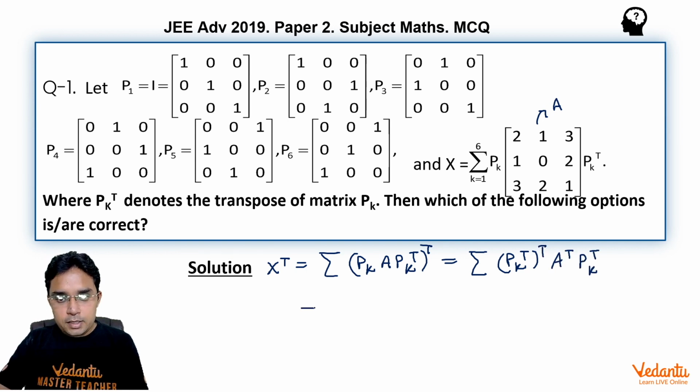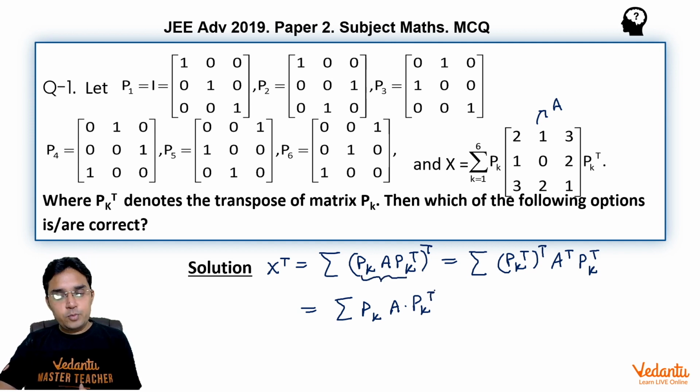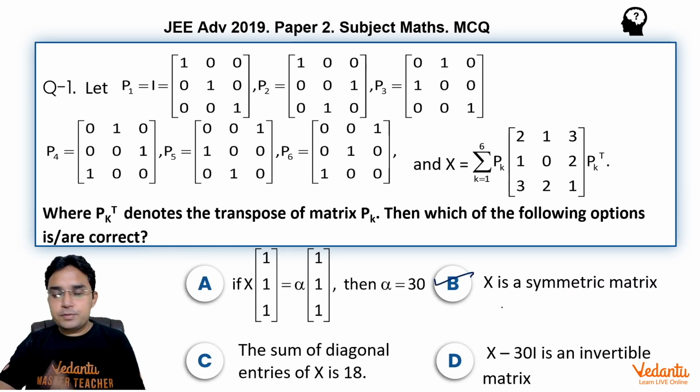Now Pk transpose, then again transpose will be Pk only, and we can check A is also symmetric, so A transpose will be A. So if we take the transpose of this term, we get the same term back, which means X transpose will give you X only. So this X is symmetric. So this part B is absolutely correct.